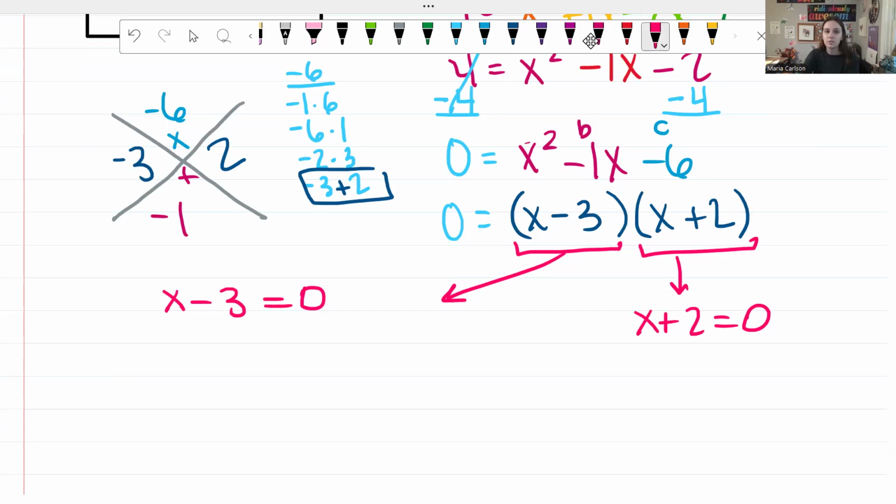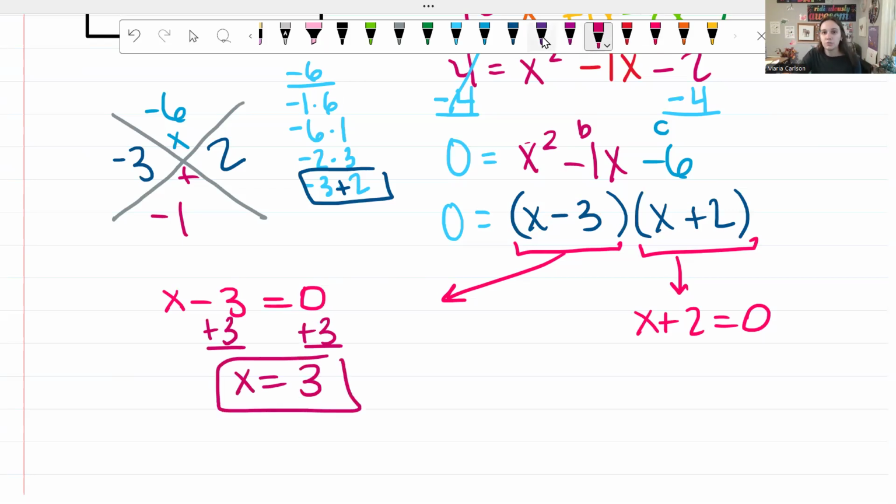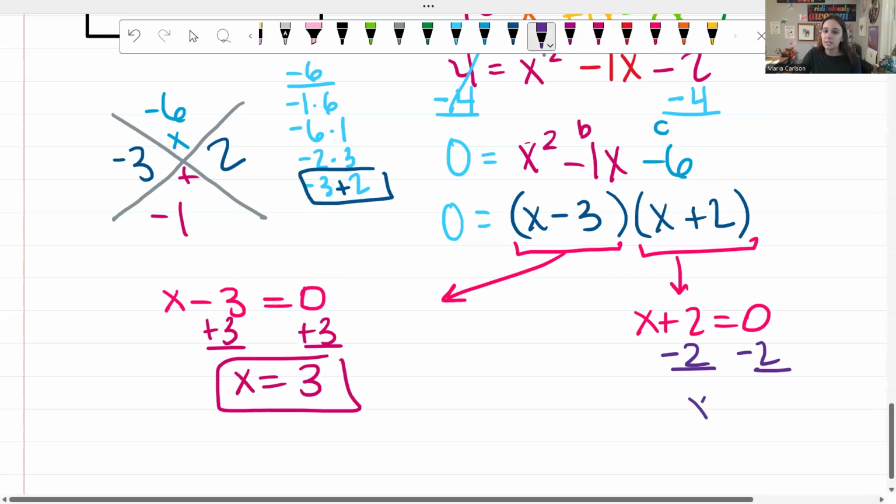And then we will solve. So for the first equation, to get rid of the negative 3, let's add 3 to both sides. So this will tell me that one of my solutions is 3. And then the other solution, x plus 2, means we would have to subtract 2 from both sides to get negative 2 as our solution.